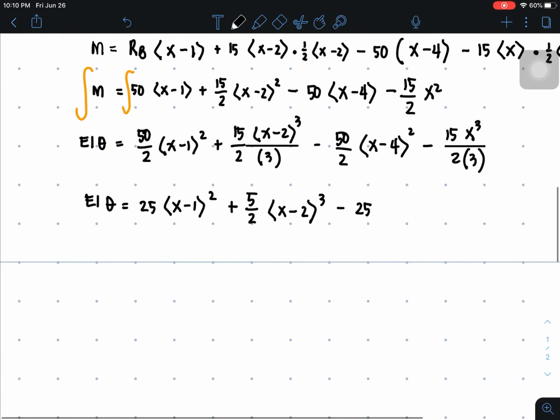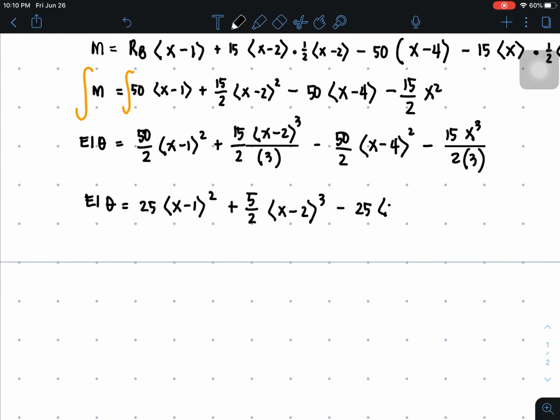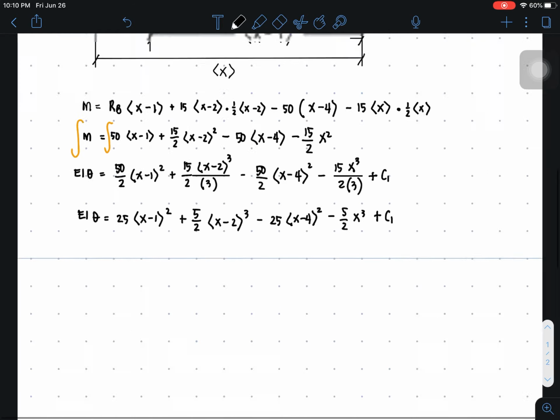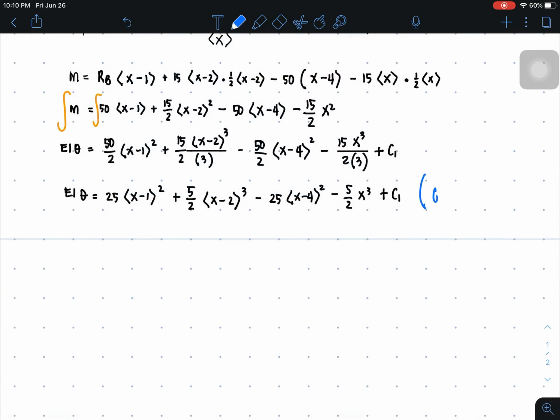Okay, minus 25 times x minus 4 squared. Then minus 5 over 2 x cubed plus C1. Naa na siya C1 diha. So this equation here is our general slope equation. So mag-need ta ani niya. Next.